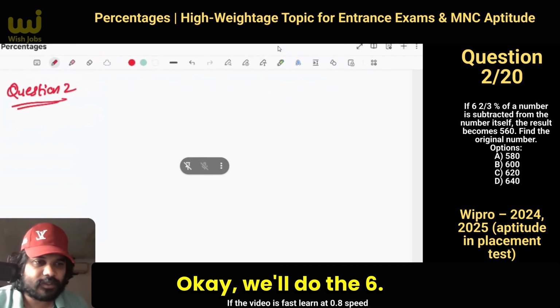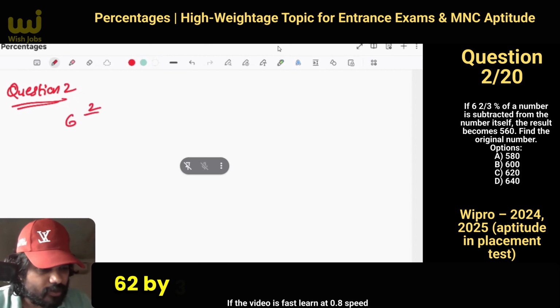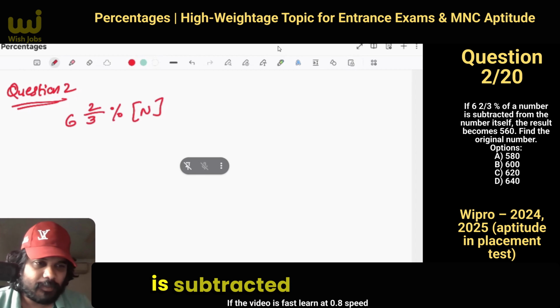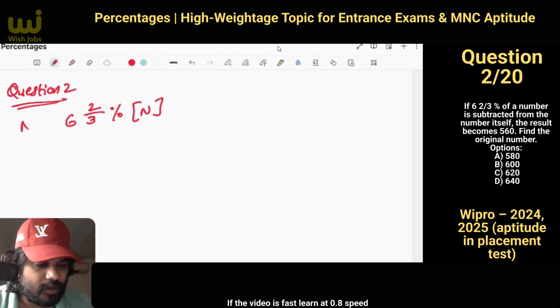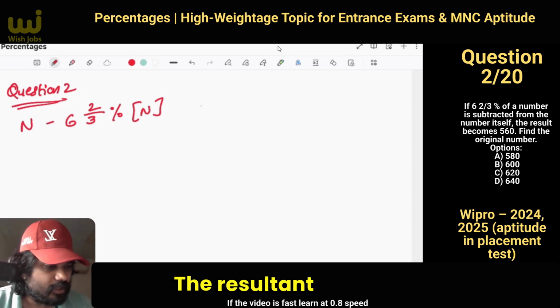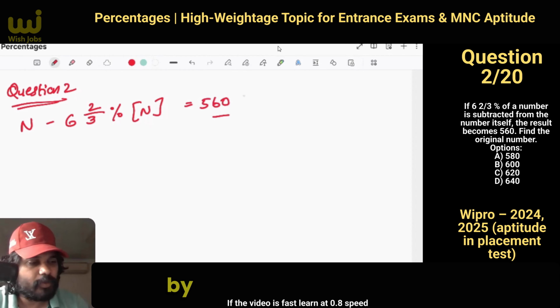Okay, we'll do the second question, which is 6 2 by 3% of a number is subtracted from itself. Like suppose there is a number and we subtracted 6 2 by 3% of the number. The resultant is 560. We can do it by an equation method or you can do it by a fraction method.